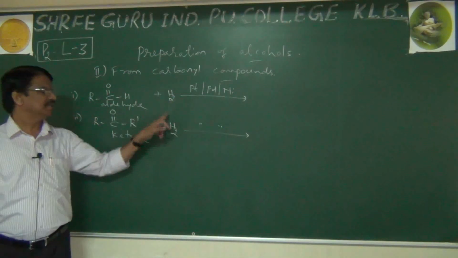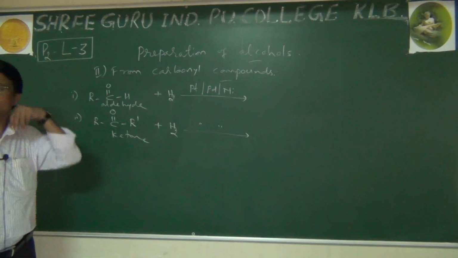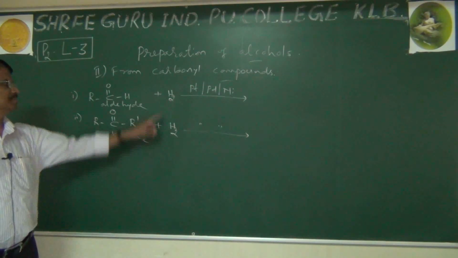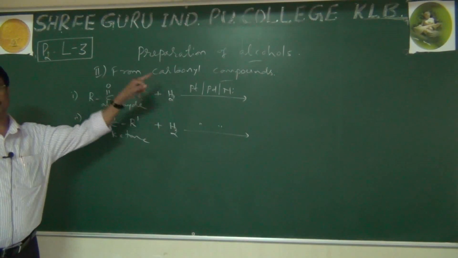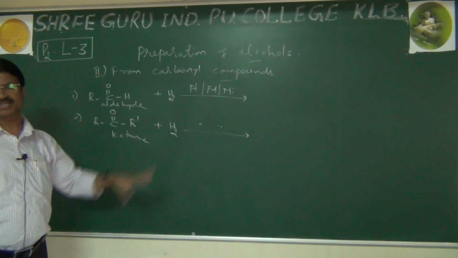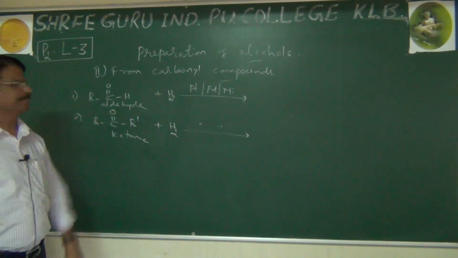This is called catalytic reduction: addition of hydrogen in the presence of a catalyst such as platinum, palladium, or nickel.